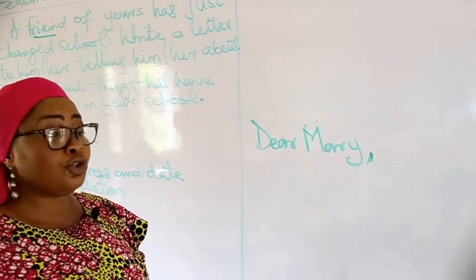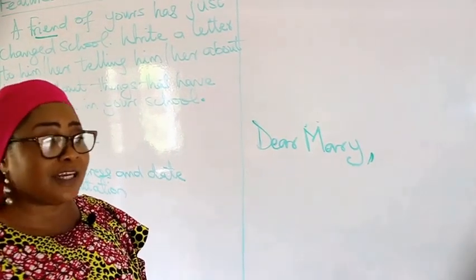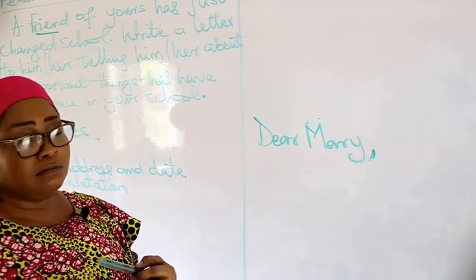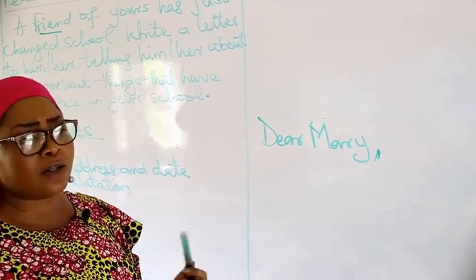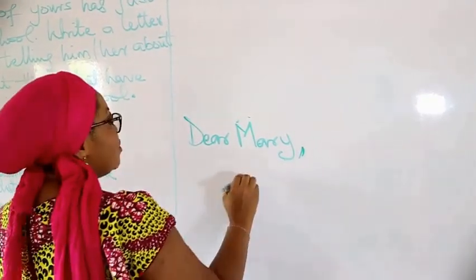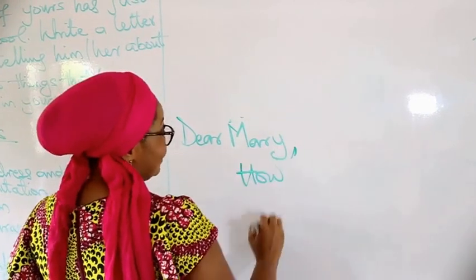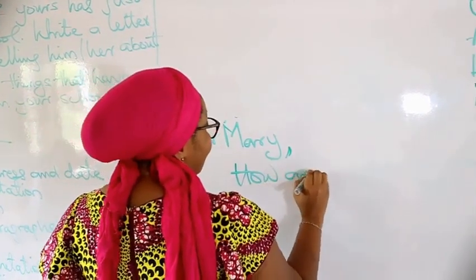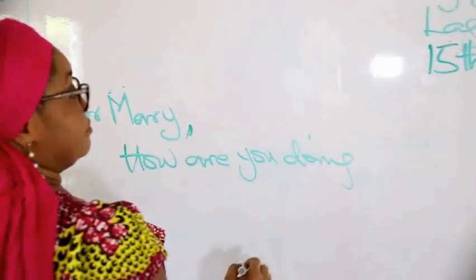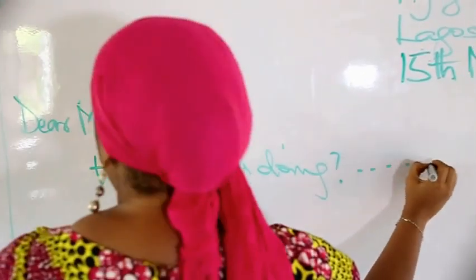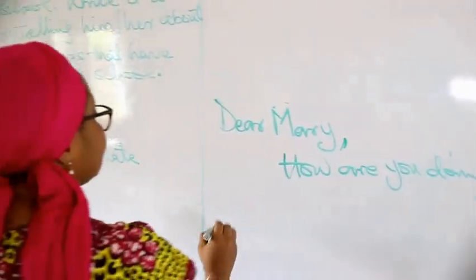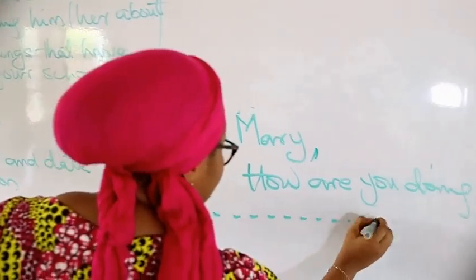It gives you room to exchange pleasantries, ask about the person's well-being, and seek to know how the person you're writing to is faring. So you start with, how are you? There's nothing wrong in asking, how are you doing? And like that, you can also ask about the person's welfare, the family and also studies.